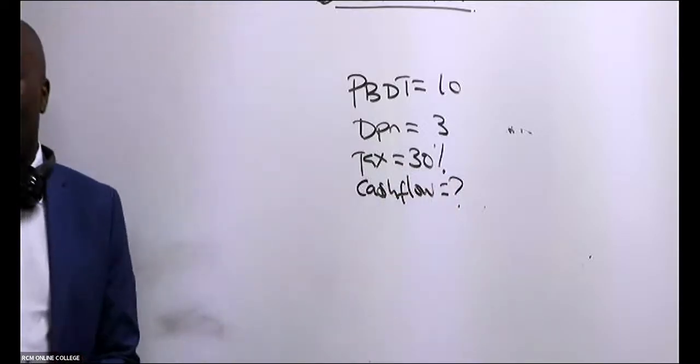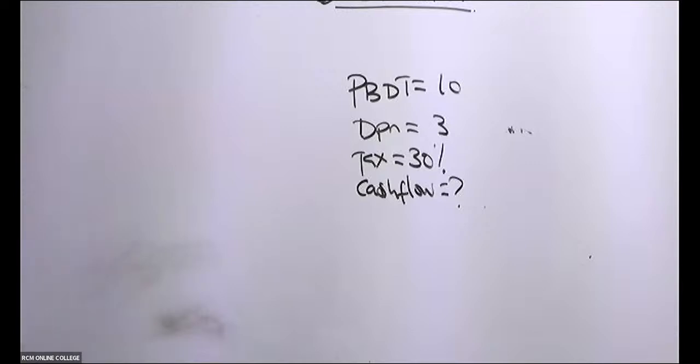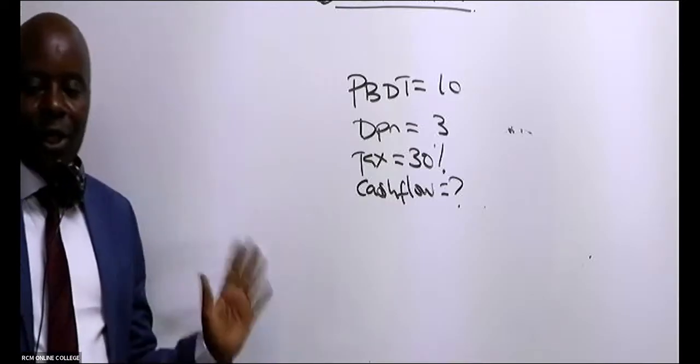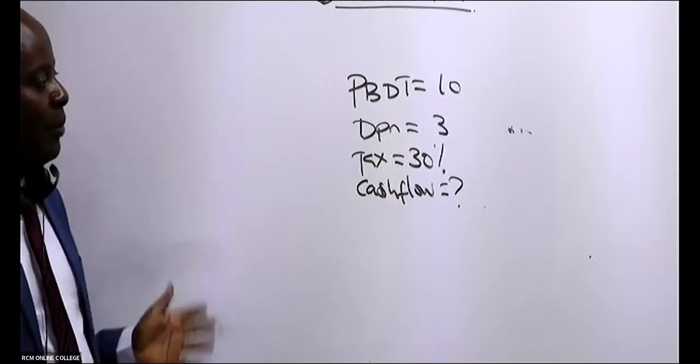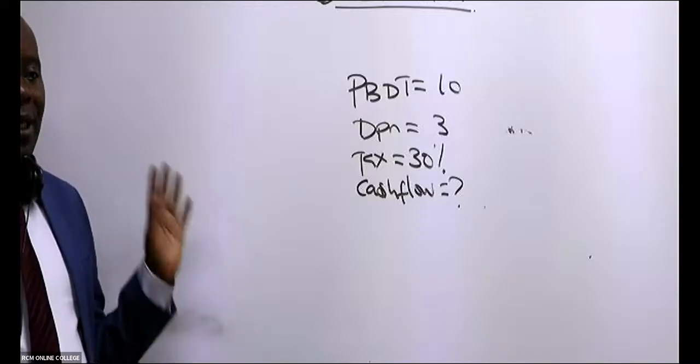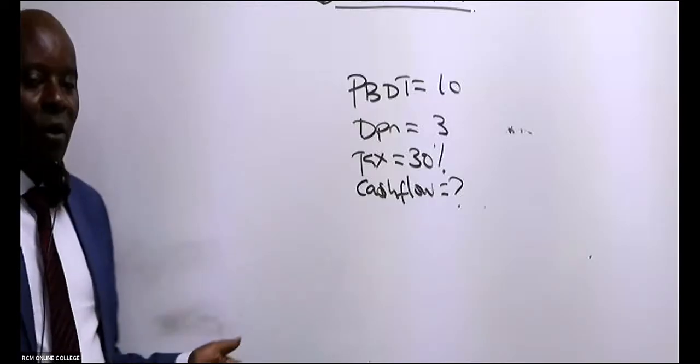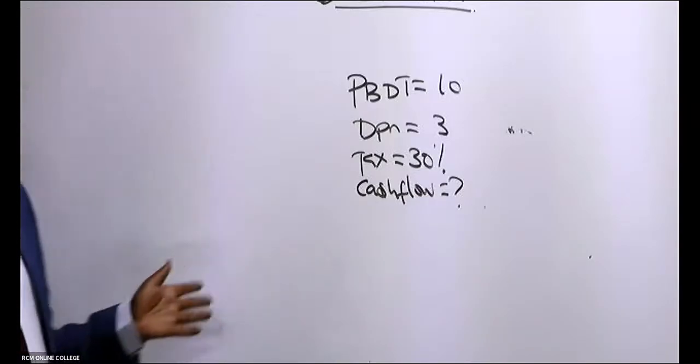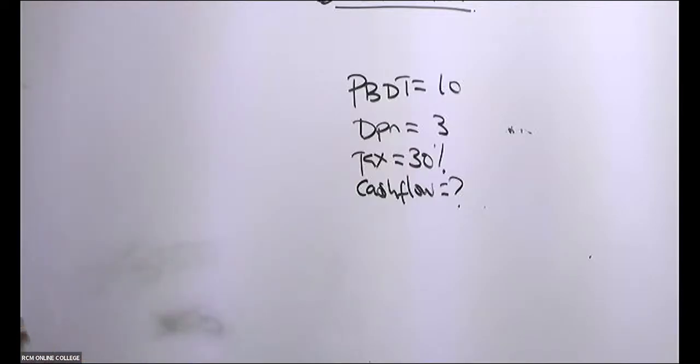So we have been given profit before depreciation and tax is 10 bob. Depreciation itself is 3 bob. Rate of tax is 30%. Cash flow is what the examiner wants.